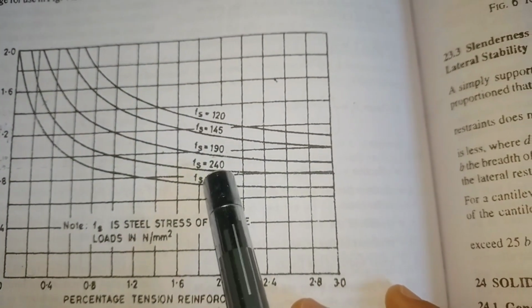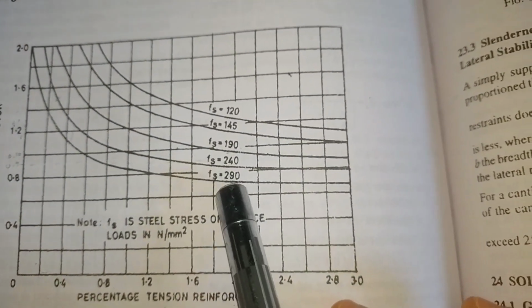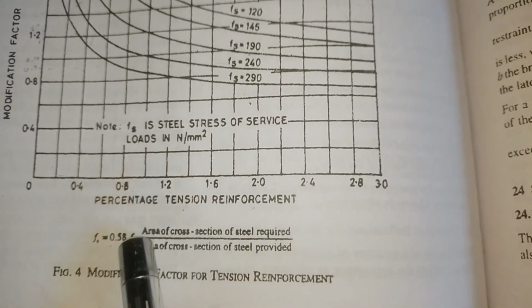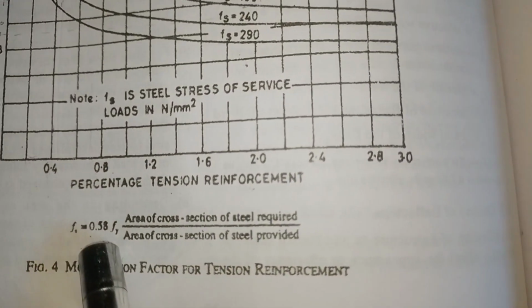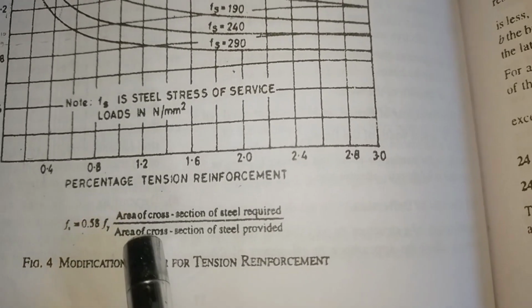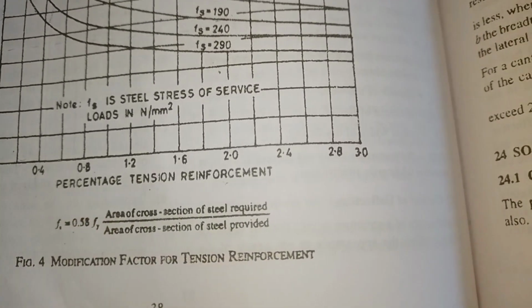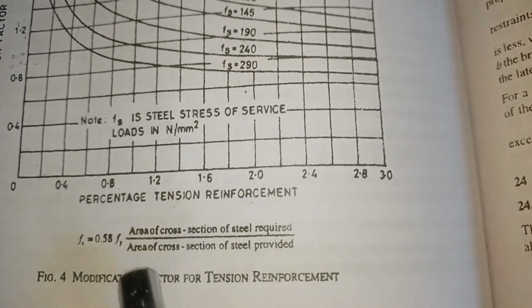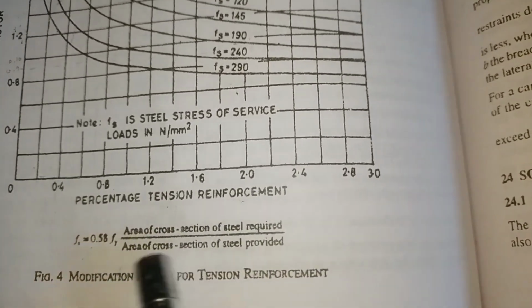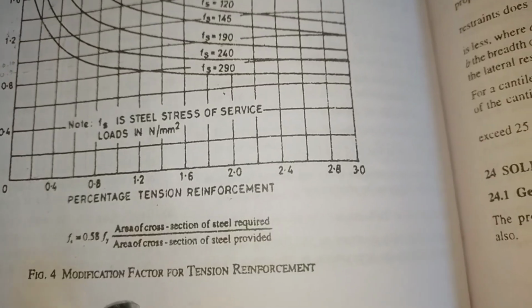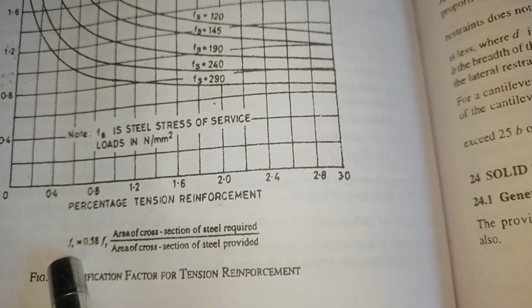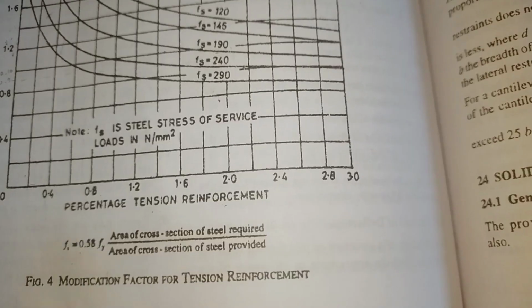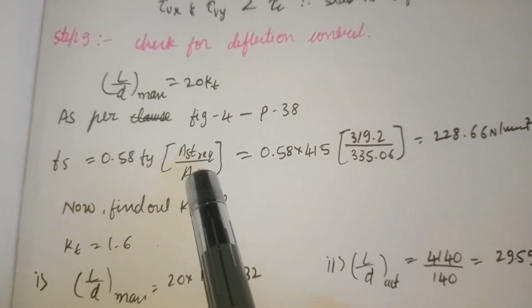We need to calculate it. To find out the Fs value, they gave one formula right below the chart, that is Fs is equal to 0.58 fy into area of cross section of steel required divided by area of cross section of steel provided. Using this formula we calculate the Fs value, and with the help of the Fs value and PT we calculate the KT value. Same formula I have written here.